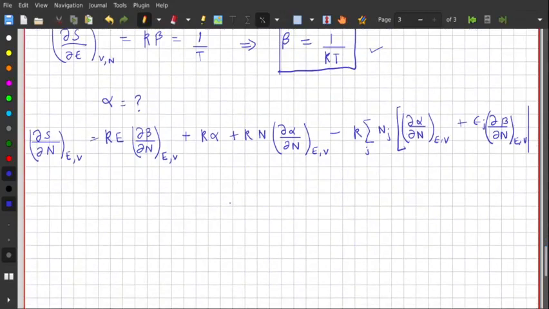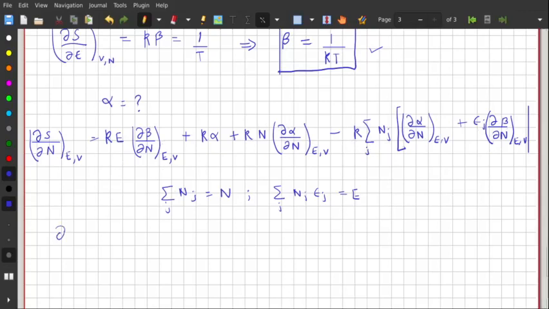Now if we open the brackets, recognize again that the sum over j of N_j is the total N, and the sum over j of N_j epsilon_j is the total energy. So this kN partial alpha partial N at E, V will cancel out this term, and then we will have minus k E partial beta partial N at E, V, which will cancel the first term.